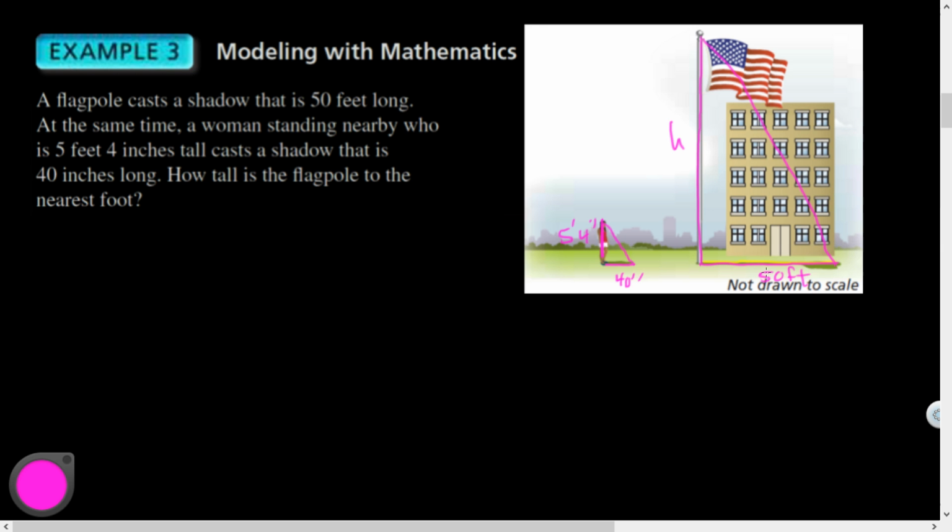Well, let's convert these all to inches. So 5 times 12 is 60. She's 64 inches tall. Is that right? Yeah. And what's 50 feet in inches? All right, 600 inches. So set me up with a proportion.